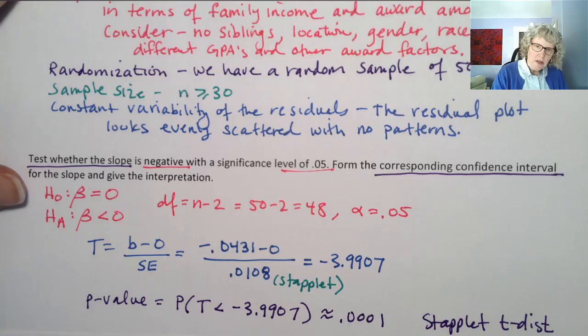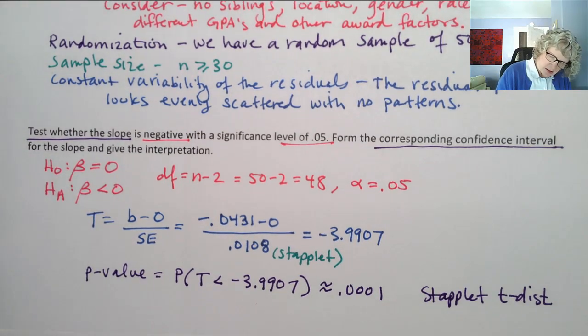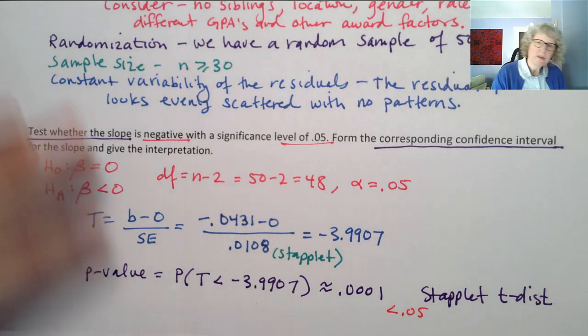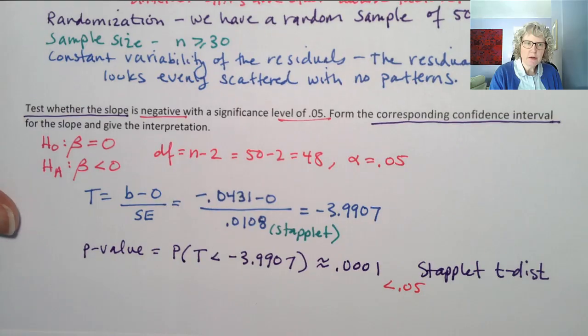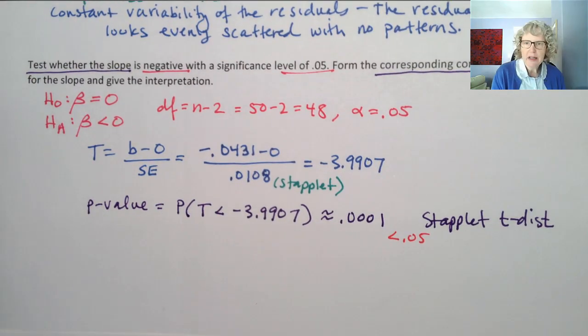Okay, so we have a very small p-value, so that is significant. Let me just write that is less than 0.05. So we have strong evidence that we do have a negative slope, right? Now I could wait and combine all my conclusions at once, I'm just going to do them separately here.